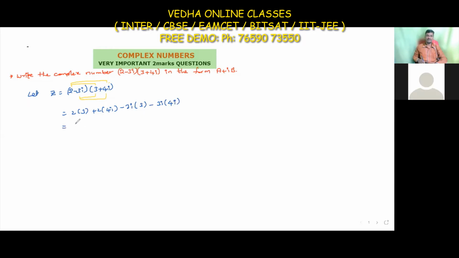This is equal to 2 threes are 6, 2 fours are 8i, minus 3 threes are 9i, minus 3 fours are 12i into i square.